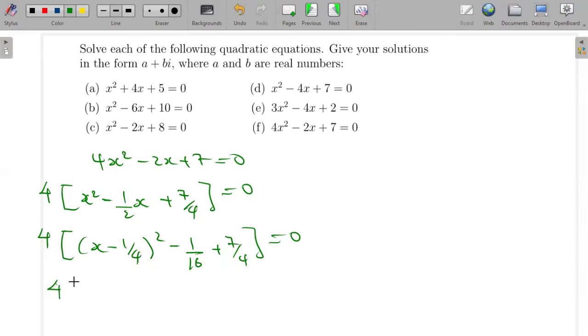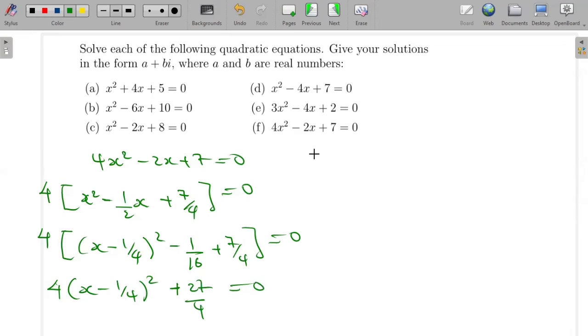So you get 4 times x minus 1 over 4 squared. Then here we're getting 27 over 16, but I can multiply that by 4, which just gives me plus 27 over 4. And this will be equal to 0.